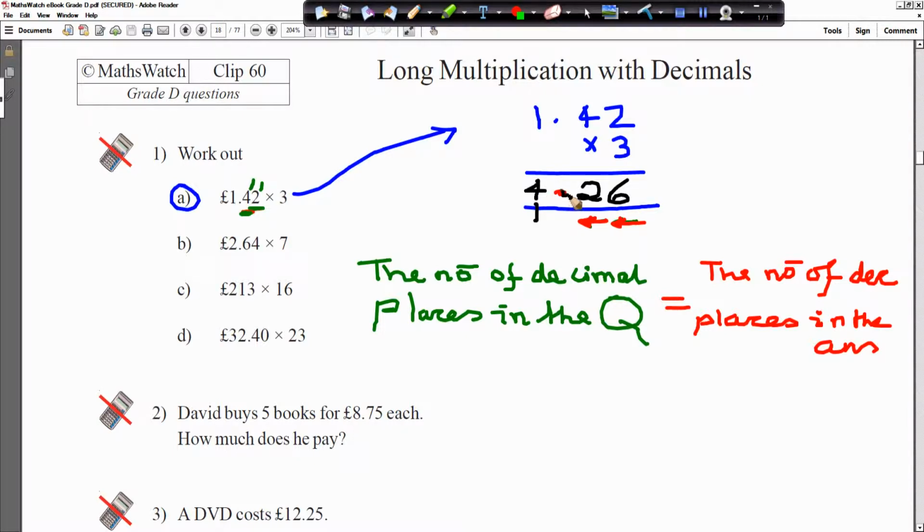So the final answer is 4.26. So the most important thing I want to emphasize here is this rule.